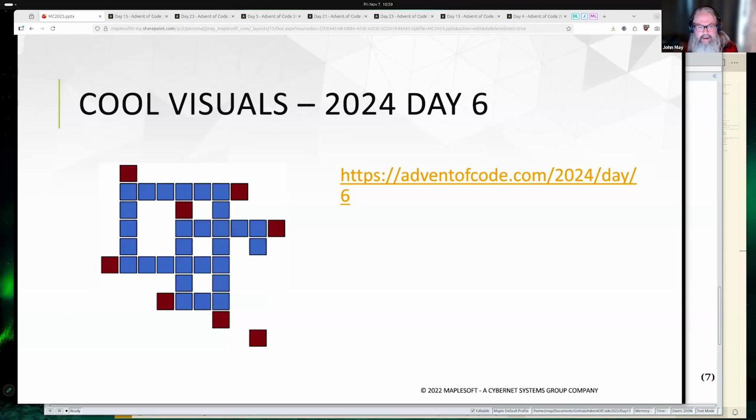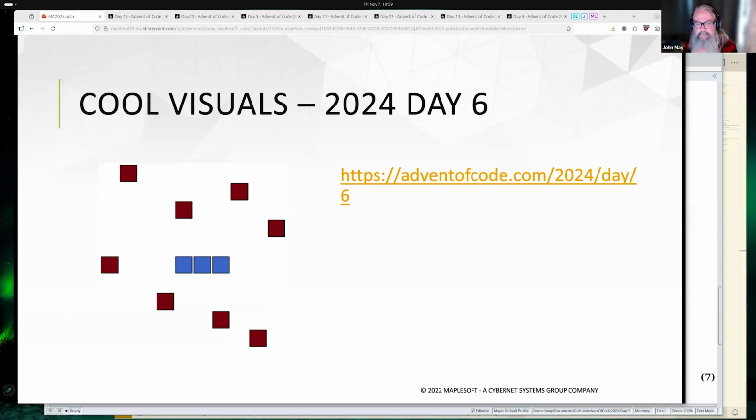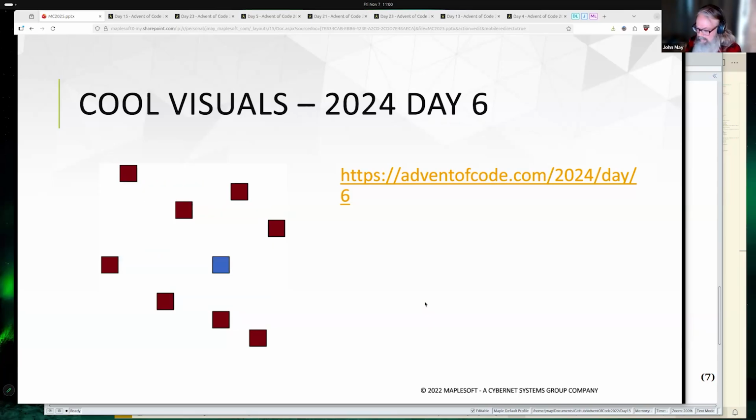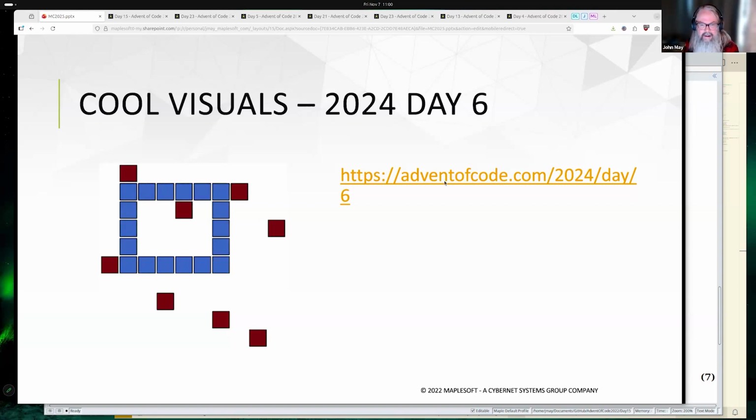And the actual problem here was a much bigger grid, and came down to finding a spot where you can put a new obstacle so that the guard falls into an infinite cycle, which was a fun problem. A little extra hard for a day 6, I think.